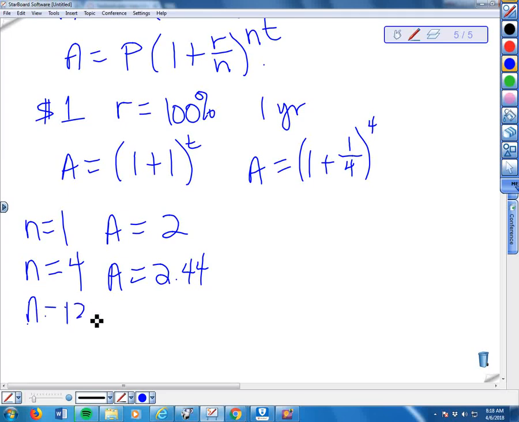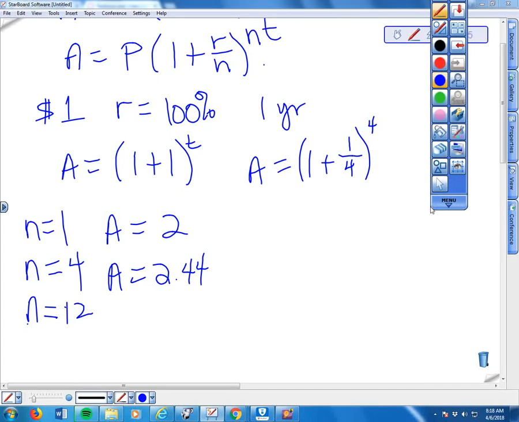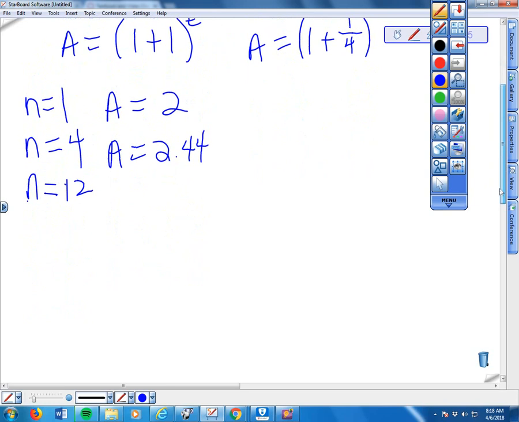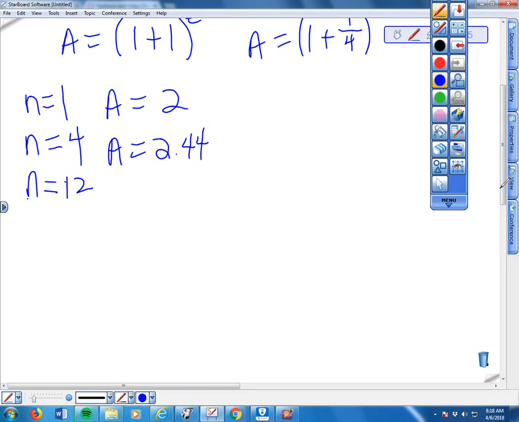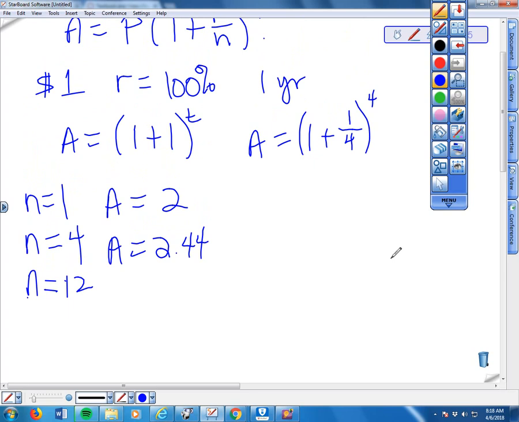Monthly would be 12, right? So how much money would I have after a year if n is 12? Looking at the formula, it is 1 plus 1 over n raised to the nt, and t is 1, so it's just raised to the n.